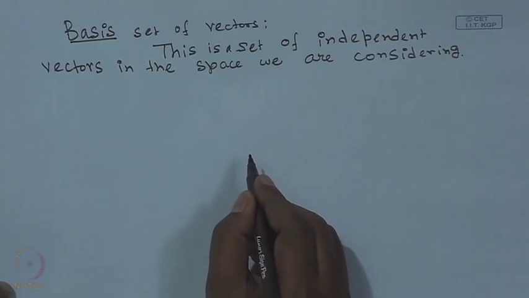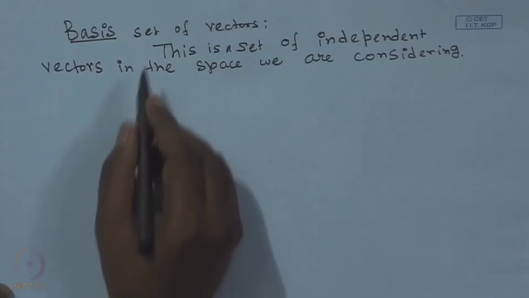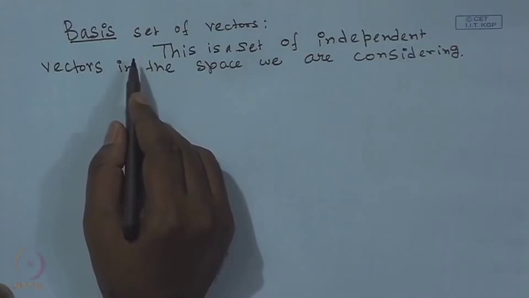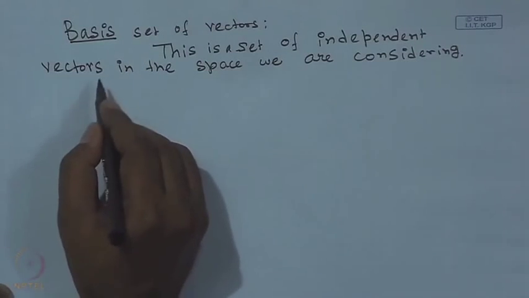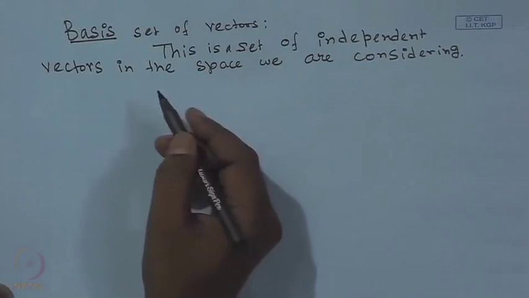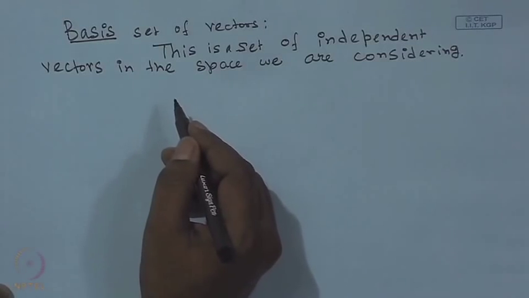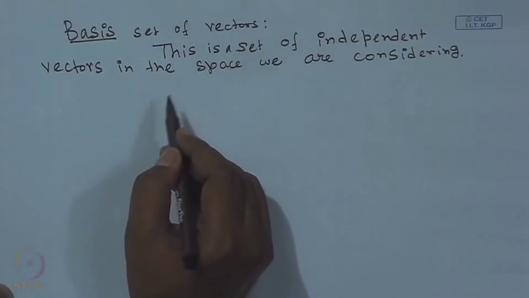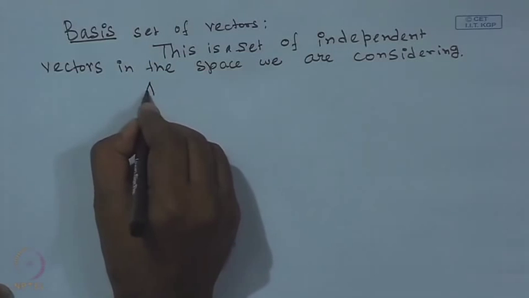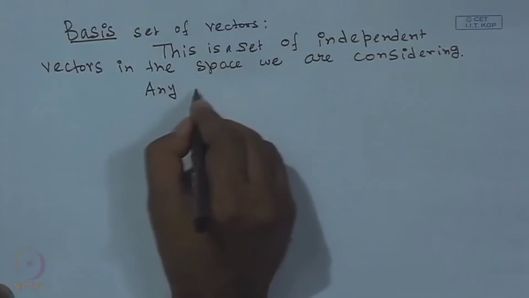Therefore, the constituents of the basis set are all independent vectors. So any other vector in that space can be expressed as a linear combination of basis set vectors. That is very important.